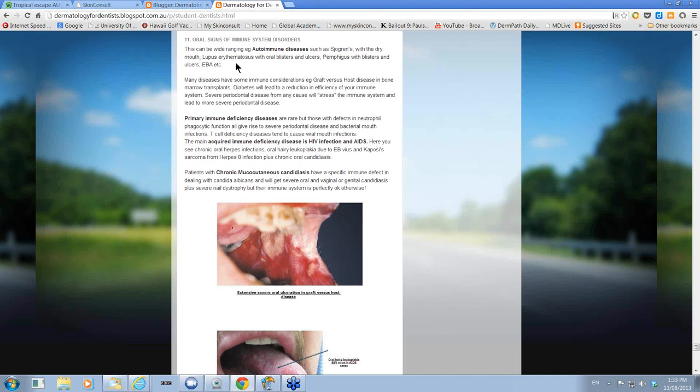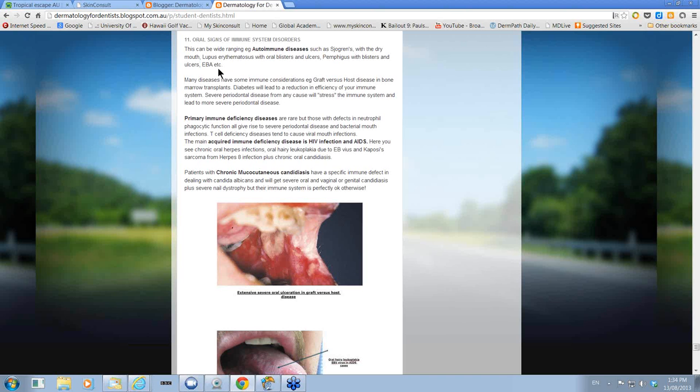Then there's the other autoimmune diseases like lupus, which we've said can rarely cause blisters and certainly ulcers in the mouth. Pemphigus, especially Pemphigus vulgaris, which in about 90% of cases will present with blisters or erosions or frank ulcers. And epidermolysis bullosa acquisita, another one of the rarer immunobullous diseases that particularly presents with blisters on a normal skin-colored base on extensor aspects of the arms and the hands and feet at sites of trauma.